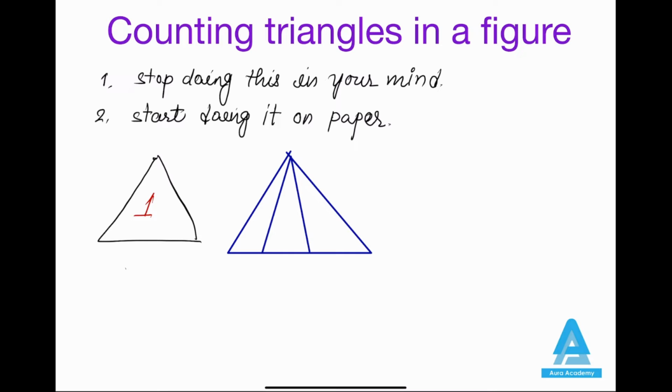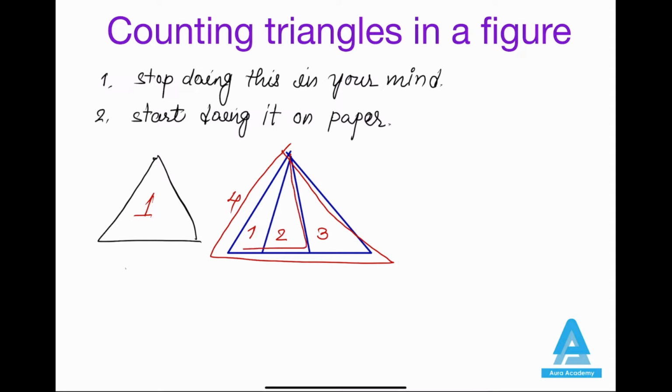So basically, if you see, there is one here, two here, third one is here, fourth one is the bigger one. Now where is the fifth one?